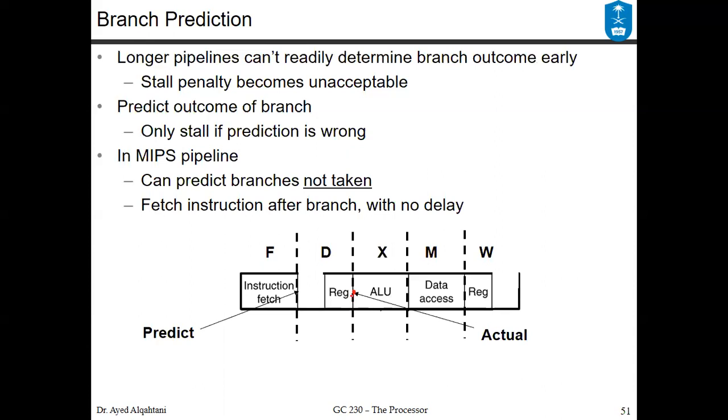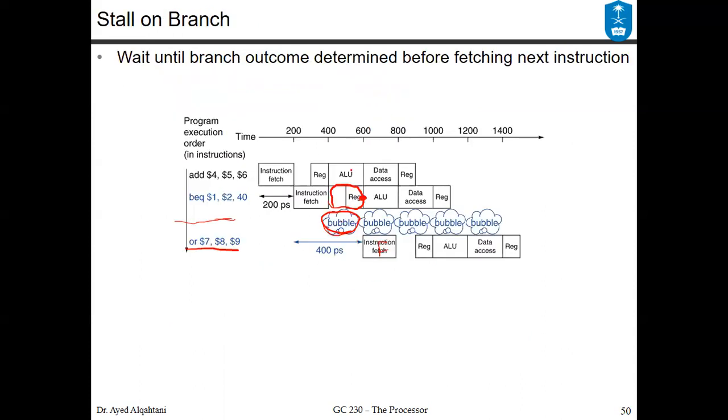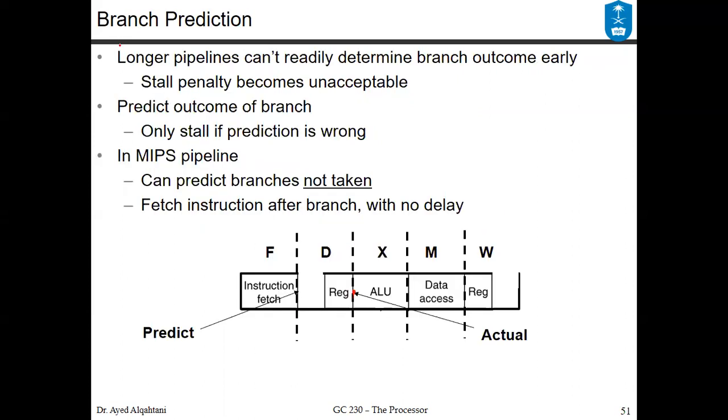So to minimize this problem, or to take out this bubble, if we can, what we do is a branch prediction, where we predict the outcome of the branch here, and then compare this prediction to the actual outcome at the end of the ID stage, or the decode stage.